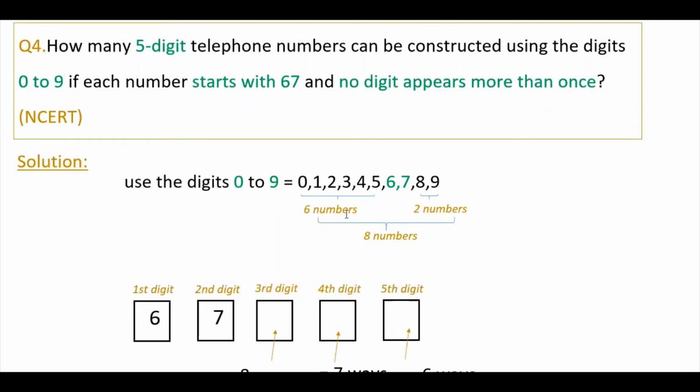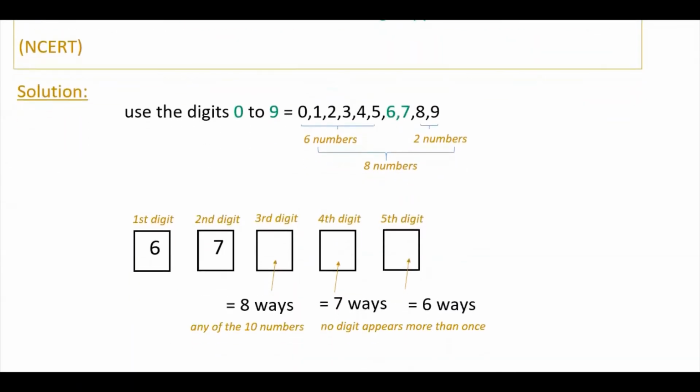But here 6, 7 is already used in the first 2 digits. So you have to take only these 6 numbers and these 2 numbers. Total 8 numbers you have to take in the third, fourth and fifth digits. So the first 2 digits are fixed, that is 6, 7.